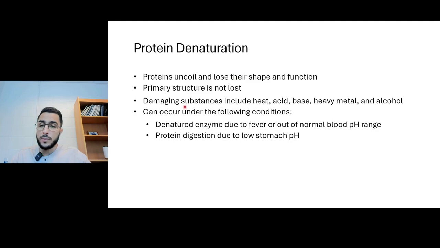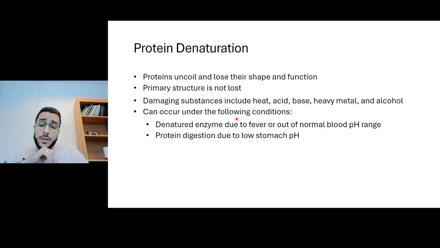And so for example, in your stomach, when you're eating food, the first part of digestion of proteins, well, not the first part, is the low pH, the high levels of HCl denaturing the protein to make it more accessible to the enzymes that will break it down. Right? So this is it.